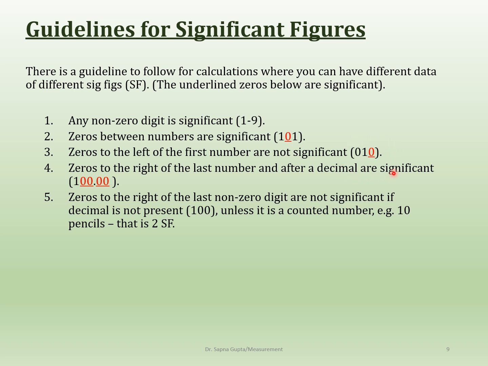Here, I have not given you any decimal point. So the left one here is definitely not significant. The right one here, is it significant or not? Technically, not significant. Then the zeros on the right after a decimal point are definitely significant.